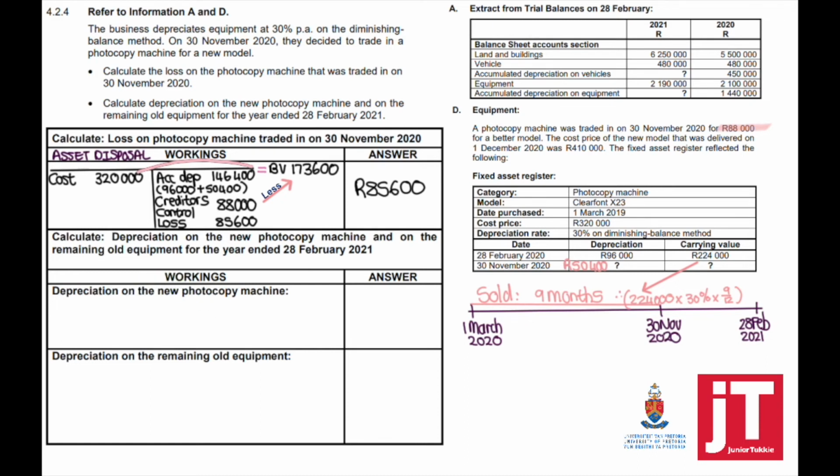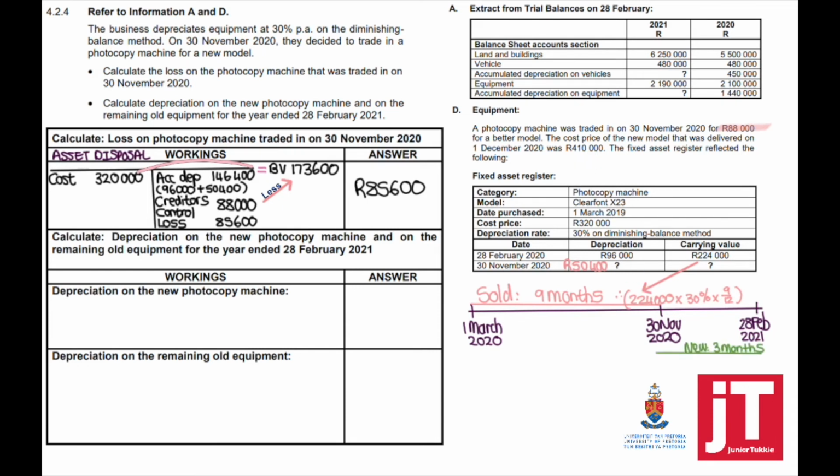So now to calculate the depreciation on the new. On the new, it's from the day that we purchased it until the end of the accounting period. Now we've traded it in on 30 November 2020 for a new model that was delivered on 1 December 2020 for 410,000.